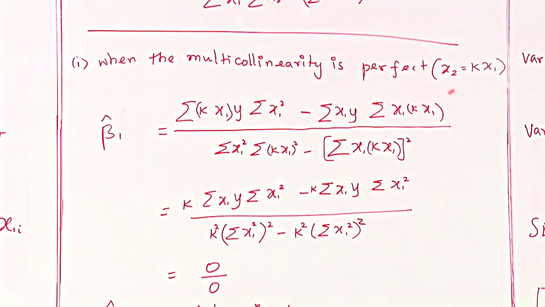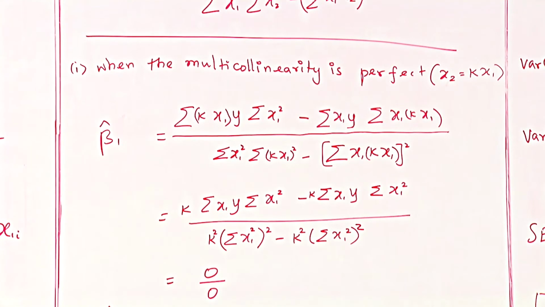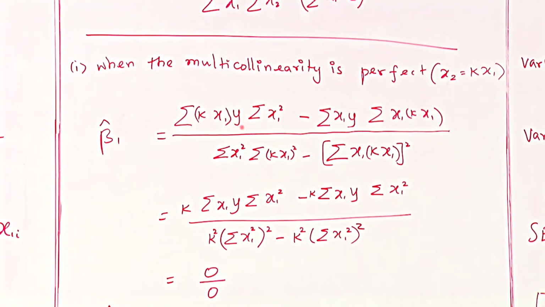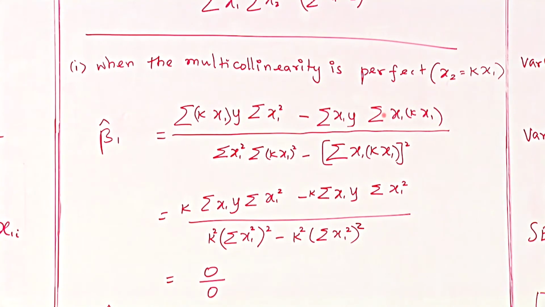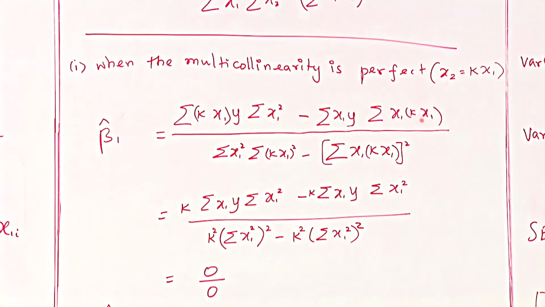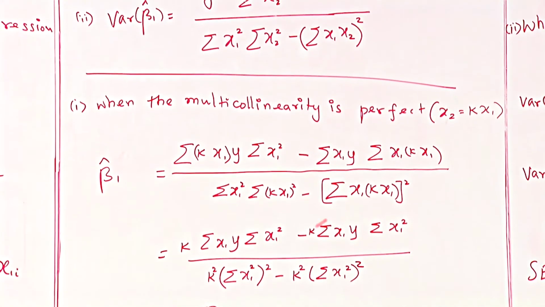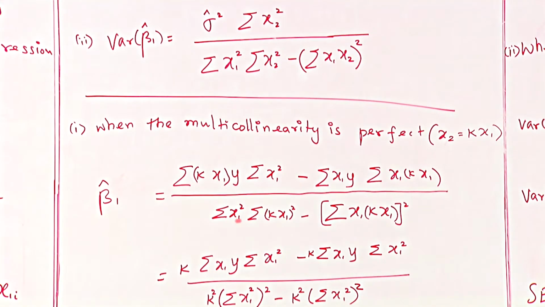If you substitute this in the original equation, we get the original estimator with k times x1 for x2: k times sigma x1 y times sigma x1 square minus sigma x1 y times sigma x1 times k times x1, divided by, here in the denominator, we substitute k times x1 for x2, and then square and rearrange the terms.